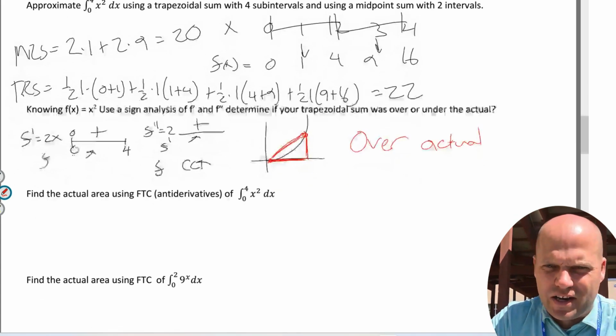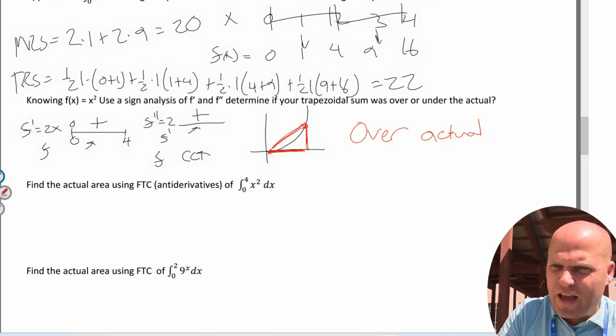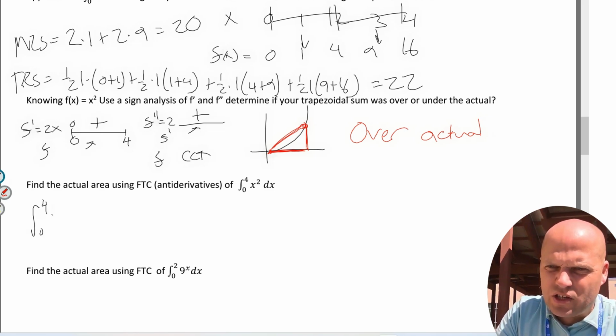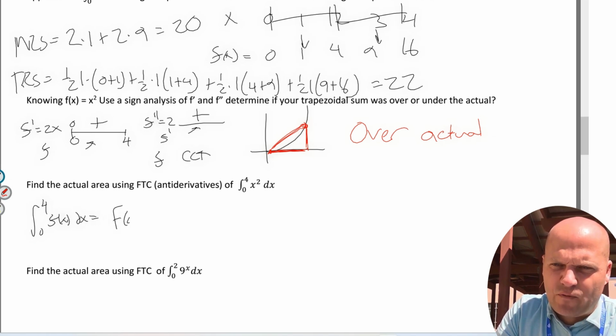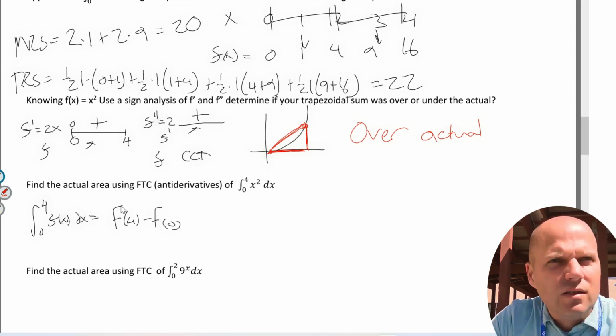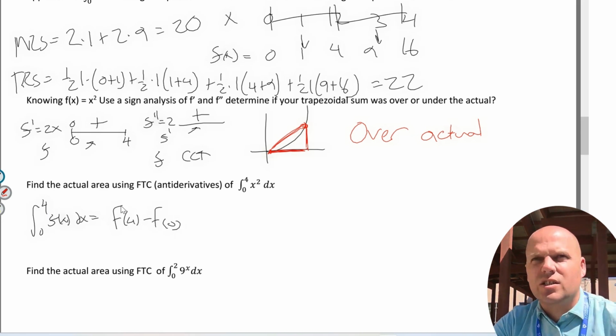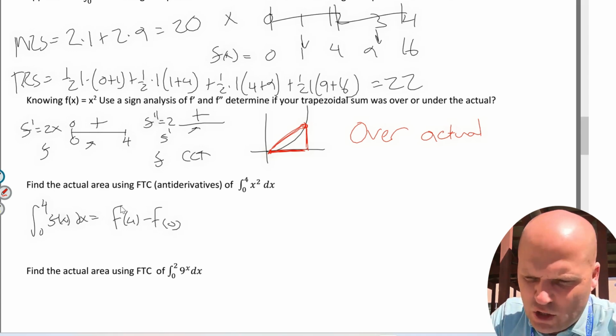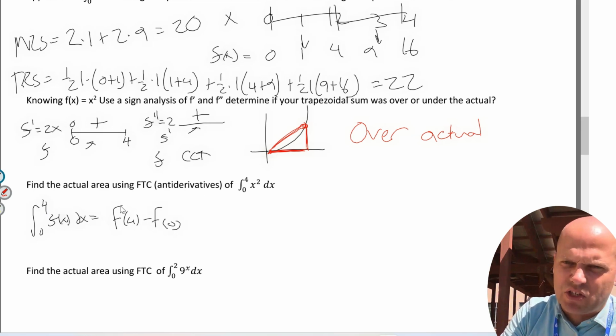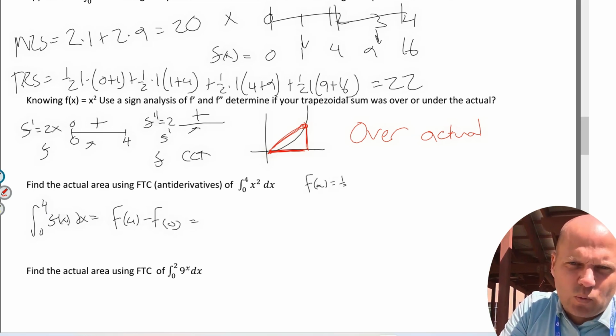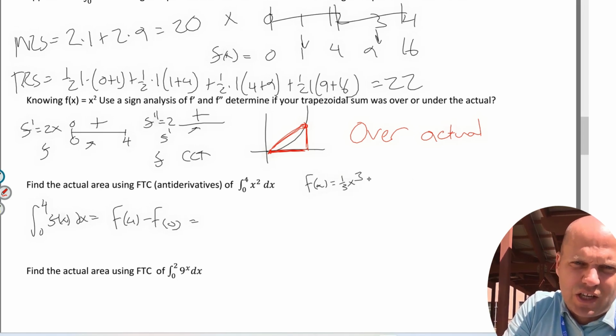Find the actual area. Well, we know that the accumulation of f equals capital F of 4 minus capital F of 0. Any level works for this. We started with accumulation of velocity, changing of positions. I need capital F. Capital F is 1/3 x cubed plus c.